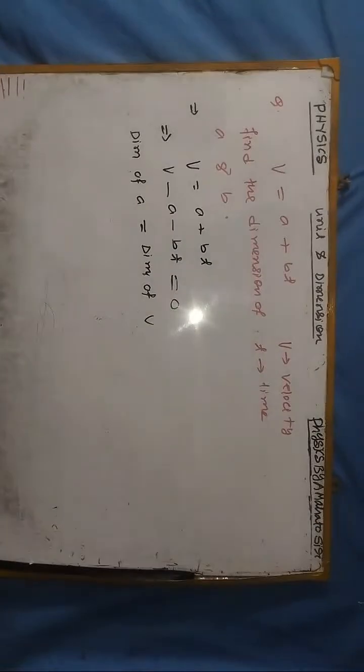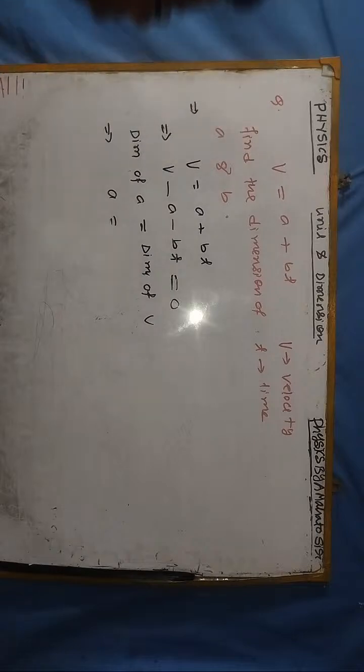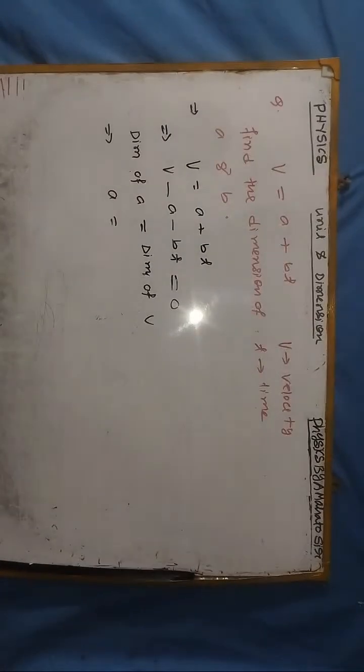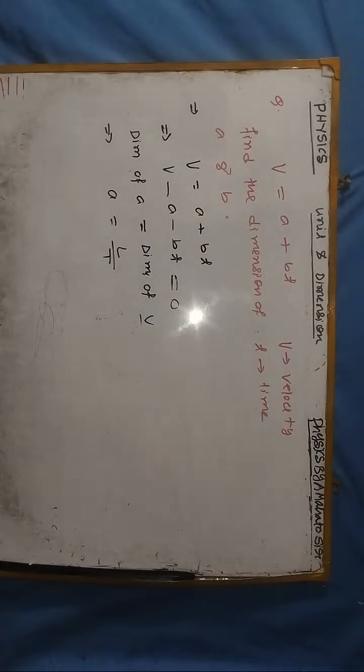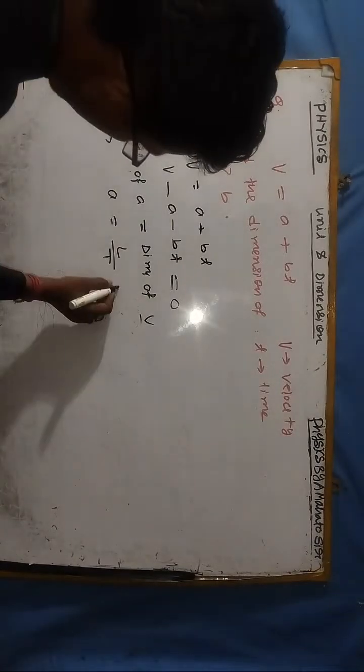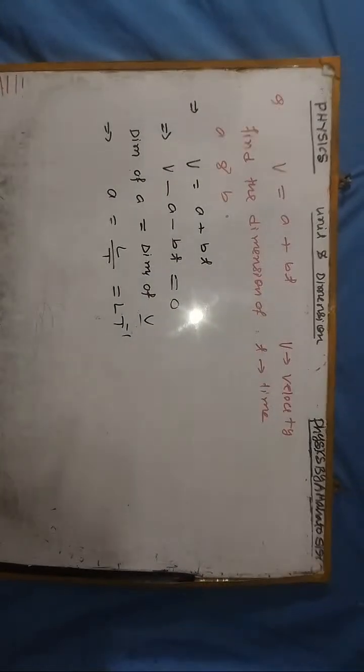The dimension of v is L by T, so we write LT power minus 1.